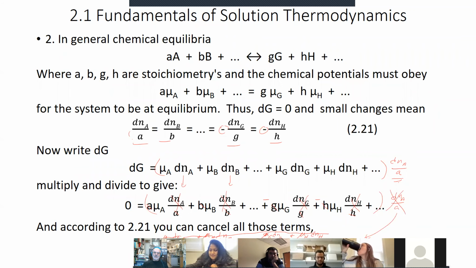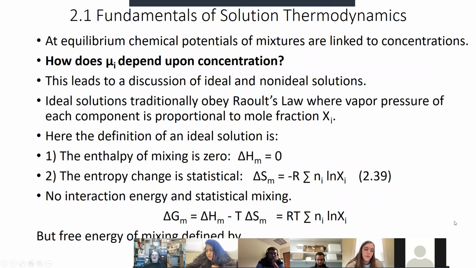So this sum, the stoichiometry times mu A plus stoichiometry times mu B must be equal to stoichiometry times mu G plus stoichiometry times the chemical potential of H. We now know that all of these chemical potentials are linked to one another. They're all dependent upon the concentrations.